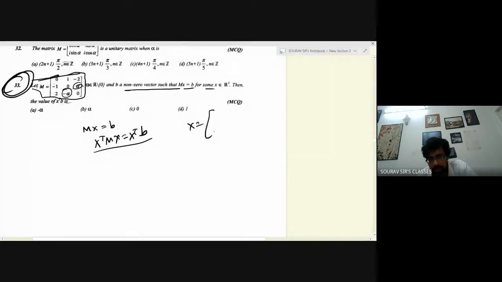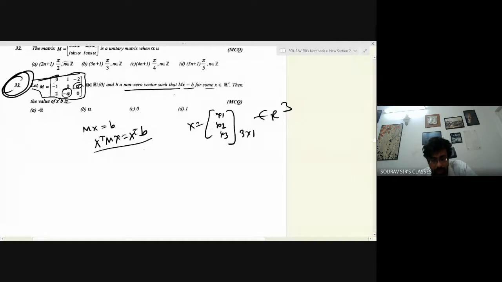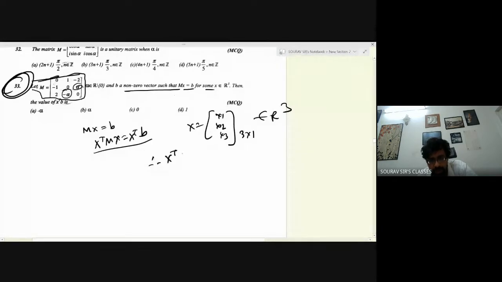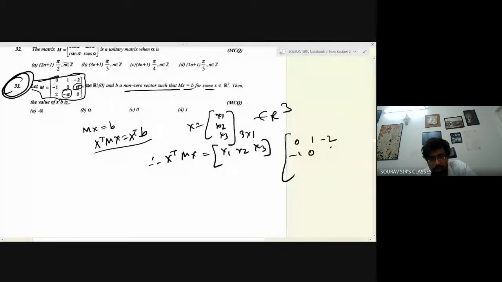Let x equal to x1, x2, x3 be a column matrix, 3 cross 1, in three-dimensional real space. So x transpose M x: the transpose of x becomes a row matrix, then the matrix with rows 0, 1, minus 2; minus 1, 0, alpha; 2, minus alpha, 0.